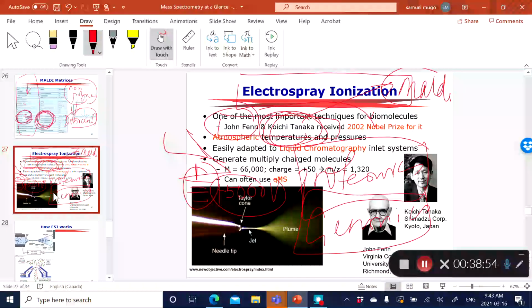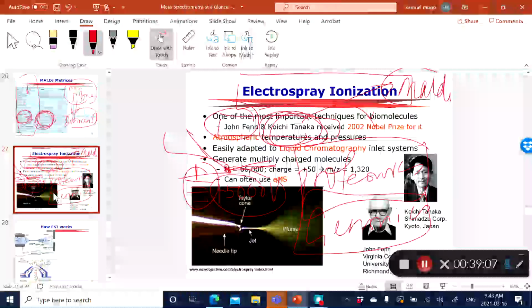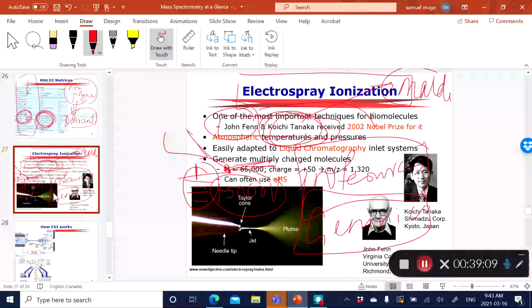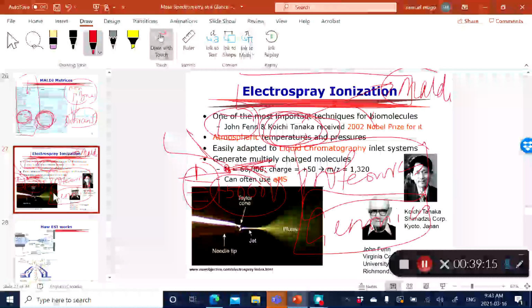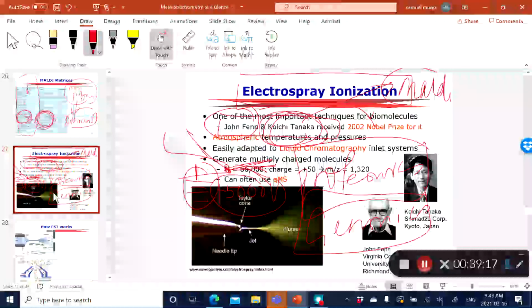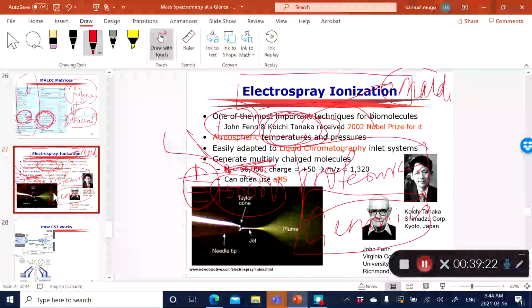When that happens, the solution comes through the needle. And of course, the needle has a very small tip, typically 20 micron or thereabouts. So the spray that you get from that needle is charged, because of course you're putting the sample through a very high electric field environment.